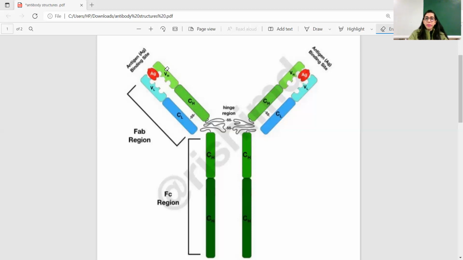So this variable domain of the heavy chain and this variable domain of the light chain together constitute the fragment and the region where they can bind the antigen. I will explain this in more detail. Right now we are just having an overview of the antibody. This region is actually the antigen binding site or antigen binding region.